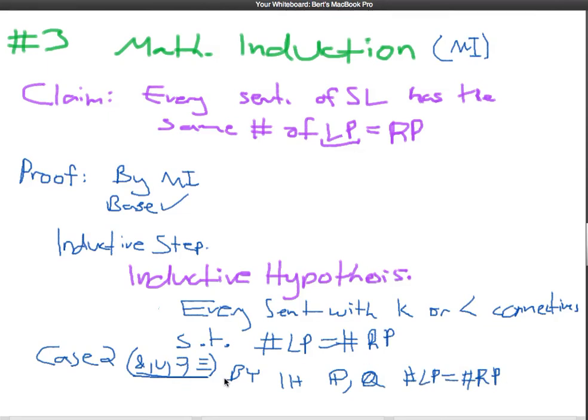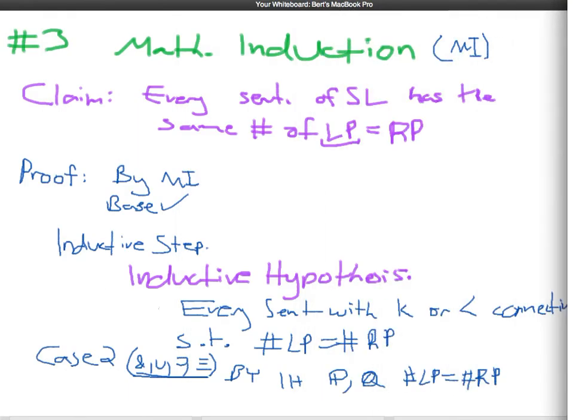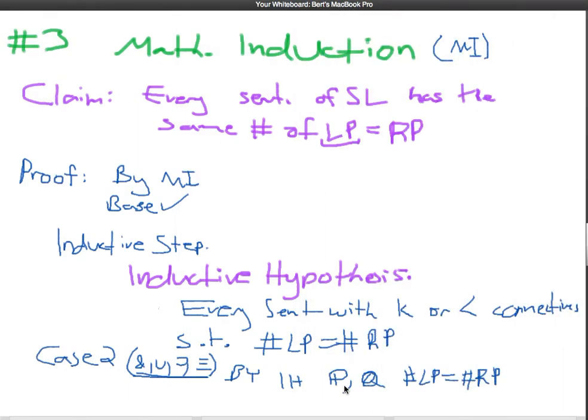And so hopefully you see that intuitively, right? I mean, in each of these cases, all we're doing is adding one left parenthesis and one right parenthesis. So what we can do is say, if we formed it by conjunction, well, then the number of left parentheses for the resulting sentence, actually no, I won't give it a number.